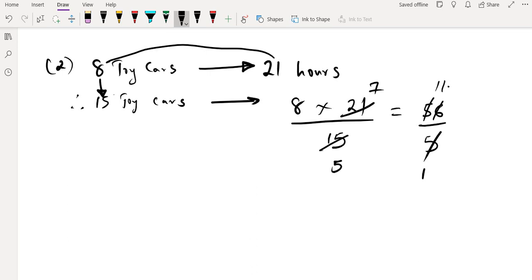That one becomes 10. 5 into 10. So it's going to last for 11.2 hours.